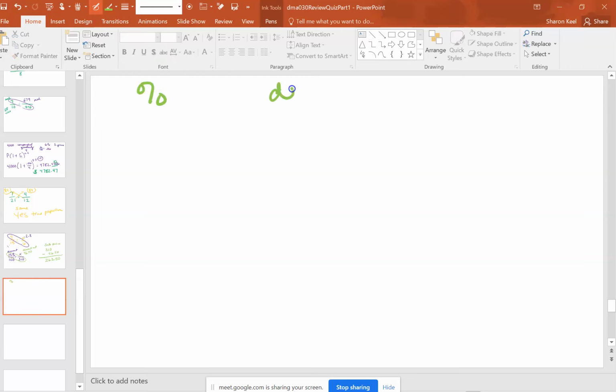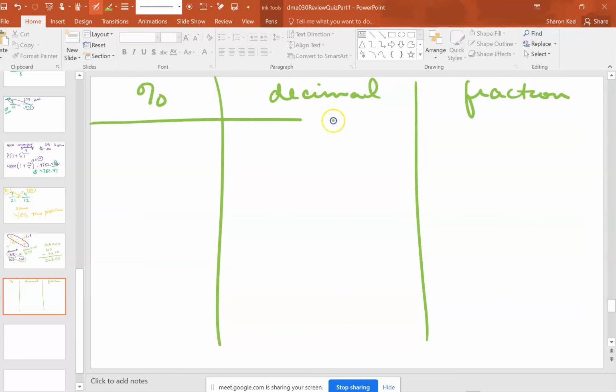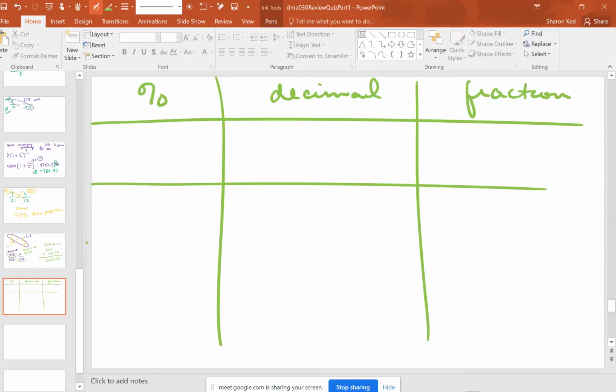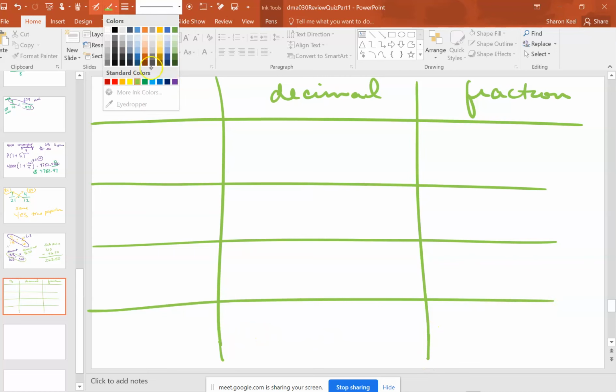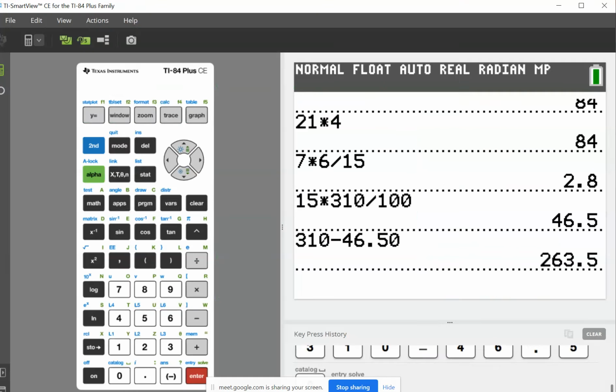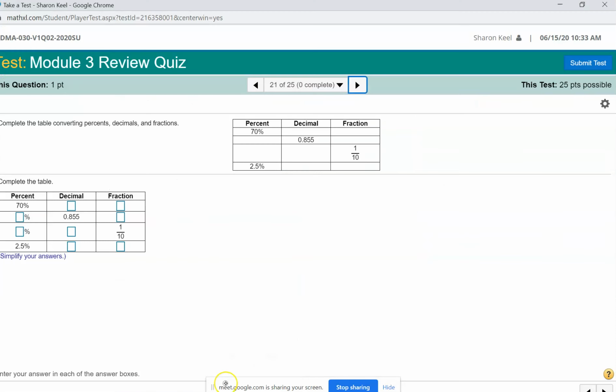Percent, decimal, fraction. So let me make a table here. And then I'm going to put in what they give us in black, and then we're going to put the solutions in different colors.